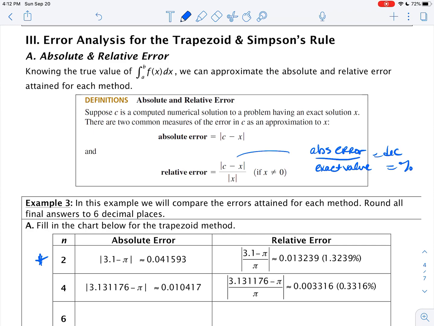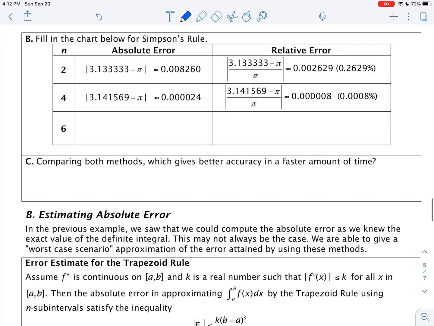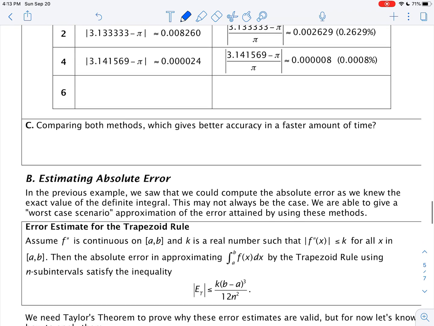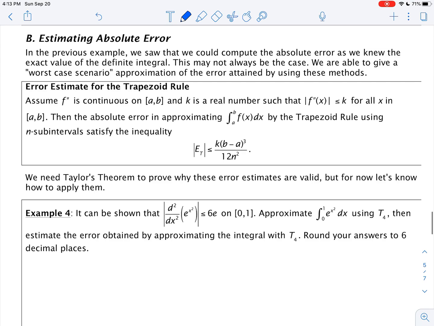And so you see that just in using two trapezoids, we were only off by 1.32% of the exact value, and using n equal to 4, we were less than 1% off, which is pretty darn good. And you can see also that Simpson's rule seems to be even more accurate than the trapezoid rule. So consider that as an option.